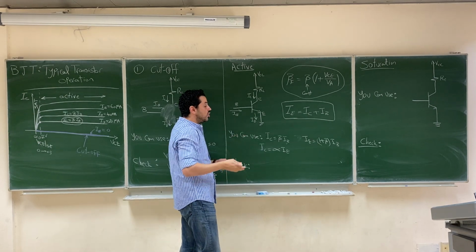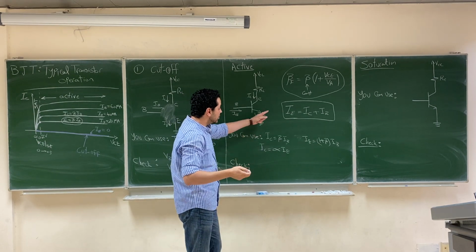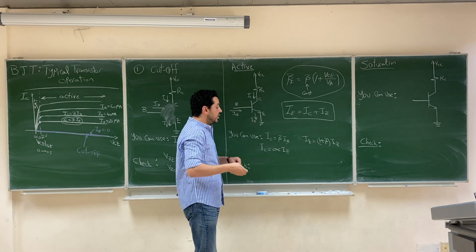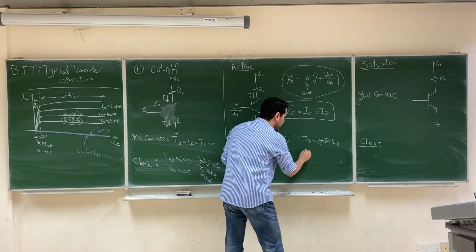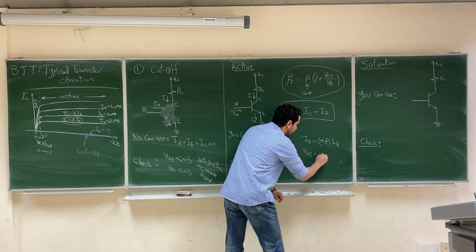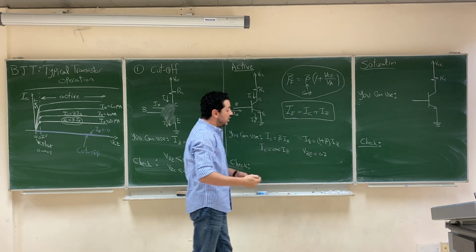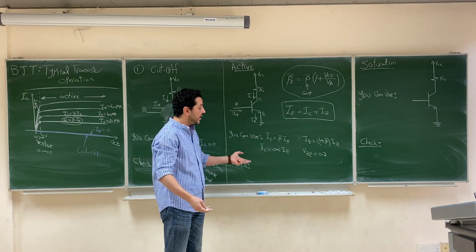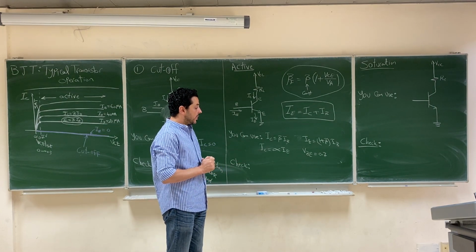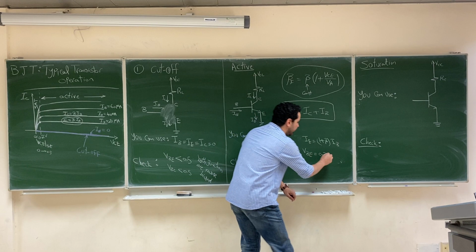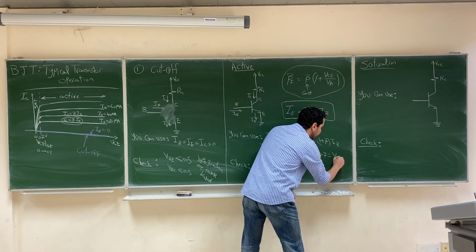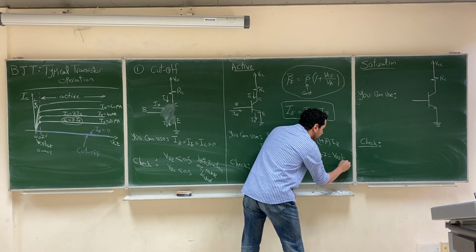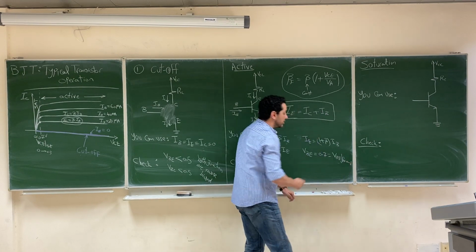Anyway, if you assume active, you can use all these current equations. You can also use that VBE is 0.7, because we know that if you are active, the base emitter junction will be forward biased, so VBE will be 0.7. Or in general, it will be VBE forward, the forward voltage of the base emitter junction.